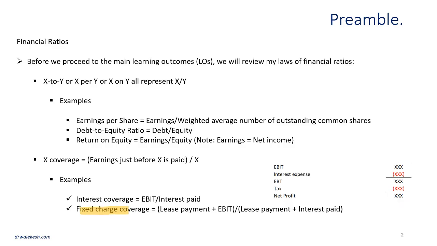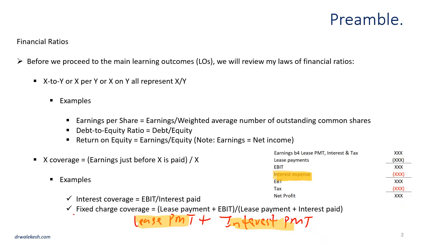Still moving on, fixed charge coverage. The two main fixed charges that most firms pay would be lease payment and interest payment. So if that is the case, we need earnings before these two. We have that of interest expense here.